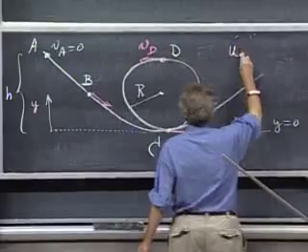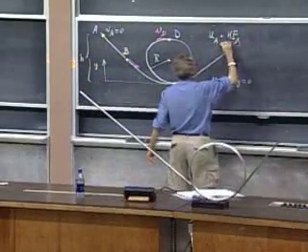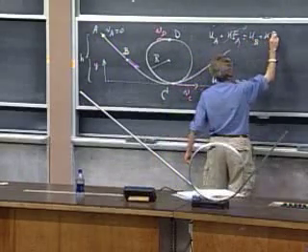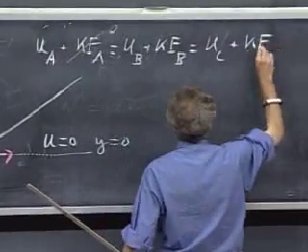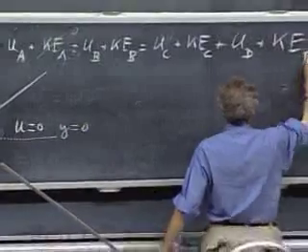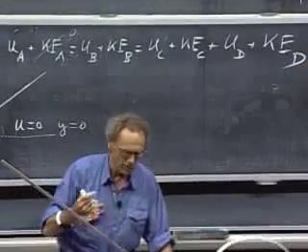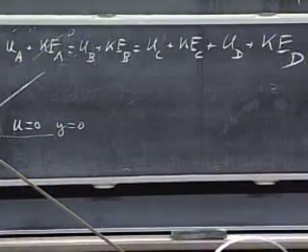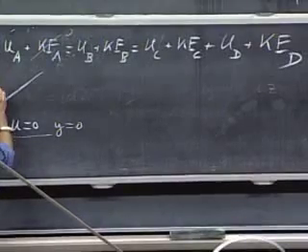So I know that U at A plus the kinetic energy at A, which is 0, must be U at B plus kinetic energy at B, must be U at C plus kinetic energy at C, must be U at D plus kinetic energy at D, if there is no friction, if there are no other forces, only gravity. So we lose no energy in terms of friction. We know that this height difference is 2r.